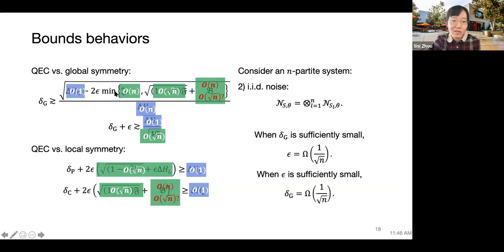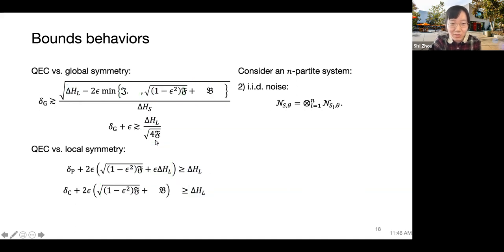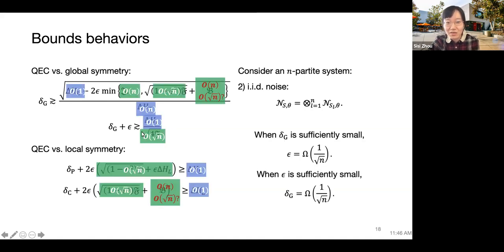Because if you just take a look at the first bound and forget about this green part, the scaling of the first bound is always going to be the square root of 1 over N. But the second bound is going to be determined by the scaling of the QFI. And if the QFI is even smaller than square root of N, the second bound is going to be dominant. So basically it shows that these two types of bound exhibit different scaling with respect to different noise models.